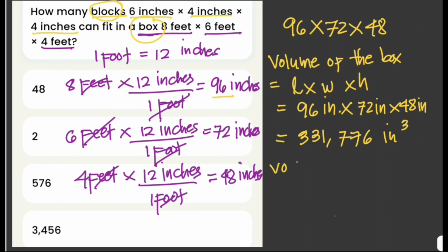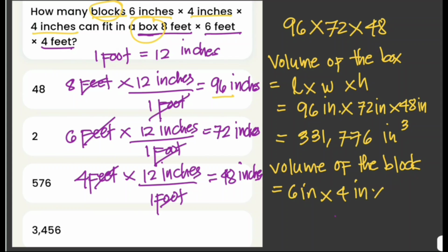So the volume of each block is just 6 inches times 4 inches times 4 inches. And that would give us a volume of 96 cubic inches.